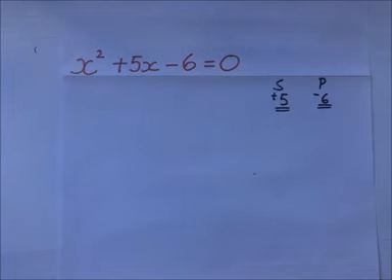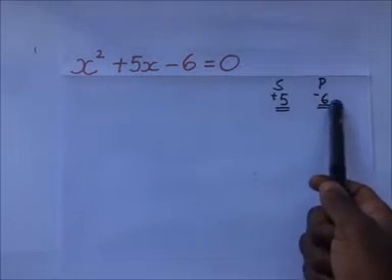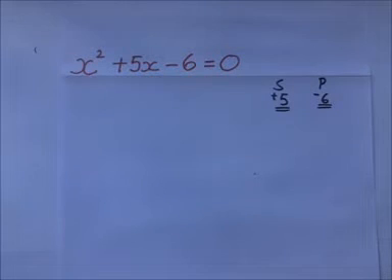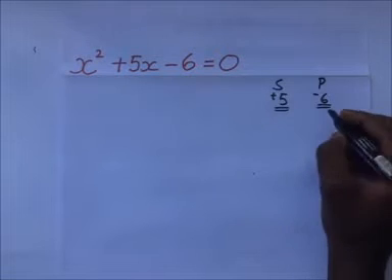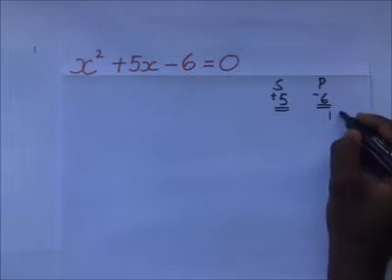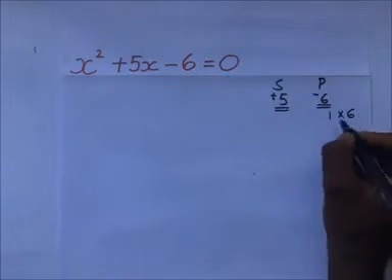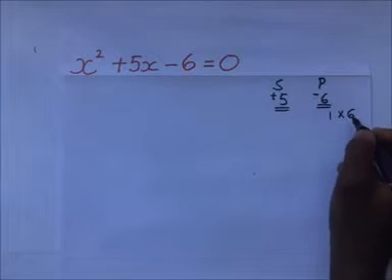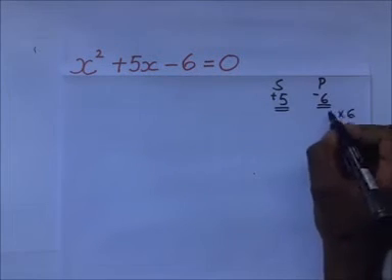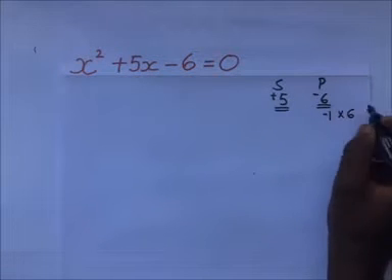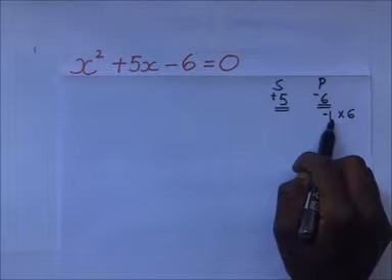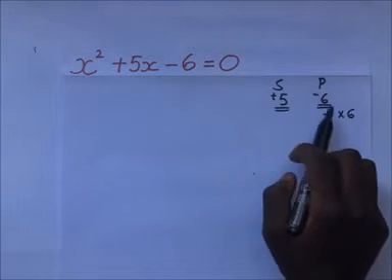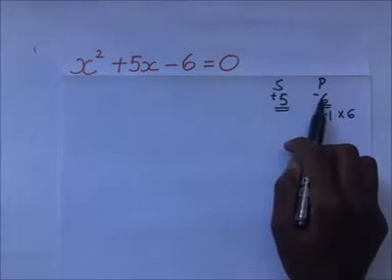Where do we get those two numbers from? We get those two numbers by analyzing the factors of 6. So, what are these factors of 6? Factors of 6, we have 1 times 6. Now, between 1 and 6, if we make 1 a negative, we know that negative 1 times 6 will give us negative 6, because the negative and the positive will give us a negative.